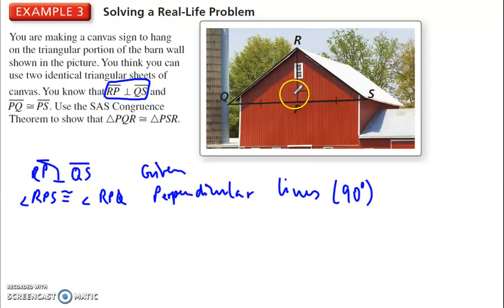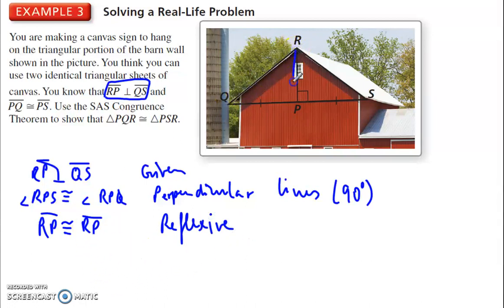And then we know that RP is congruent to RP, reflexive property.